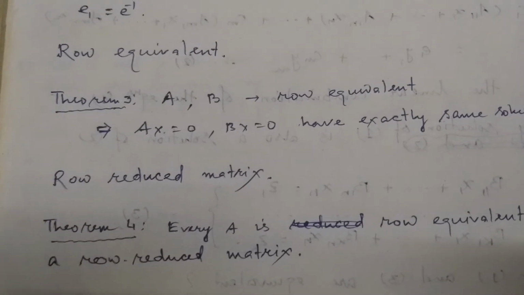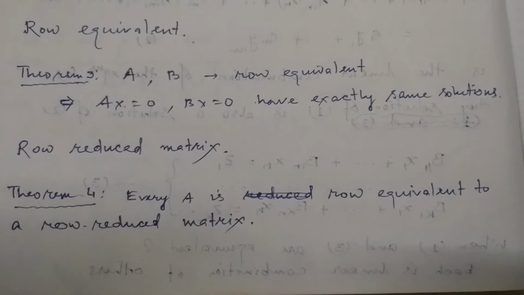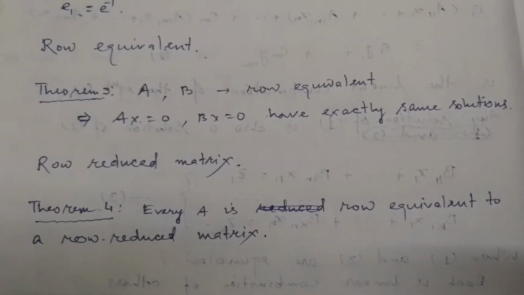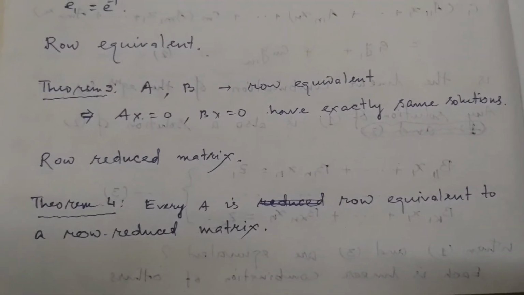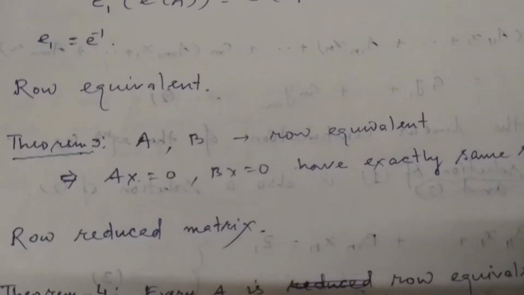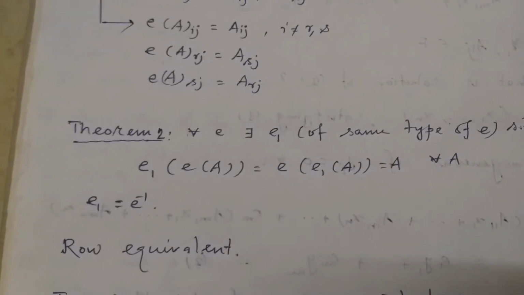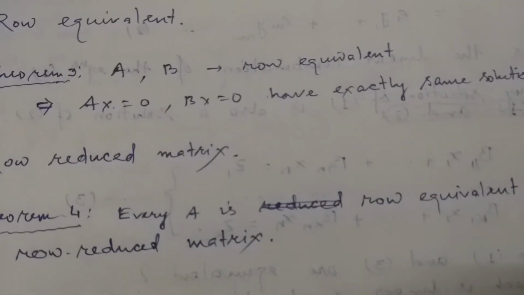That is a row reduced matrix. Now we have a theorem that every matrix A is row equivalent to a row reduced matrix. That means if you are given a matrix A, then after some elementary row operations, you must get a row reduced matrix.